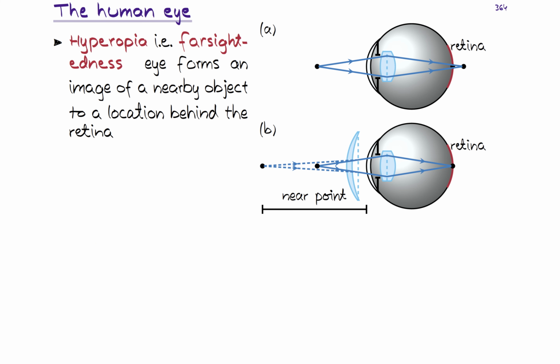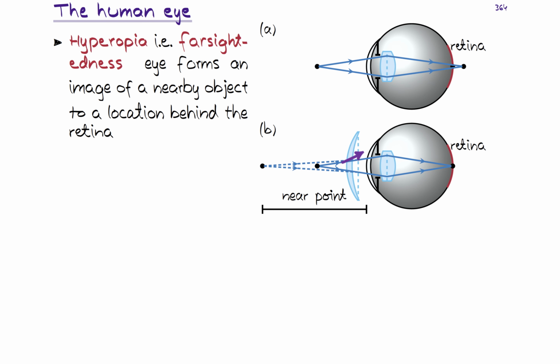What happens in hyperopia is that when we are looking at a nearby object, the eye is focusing too strongly, so that the image is not actually formed at the retinal plane, at the macula and the central fovea, but rather behind it. So the eye just doesn't really accommodate properly.